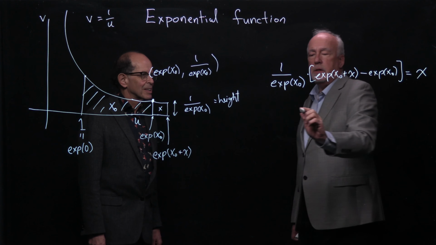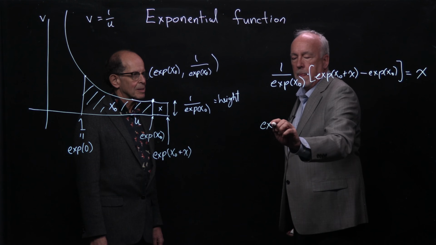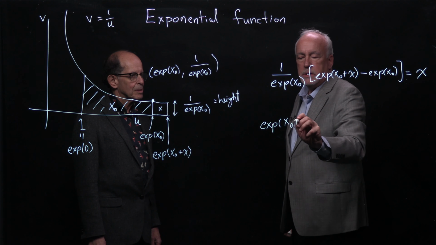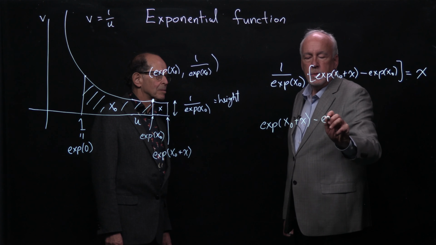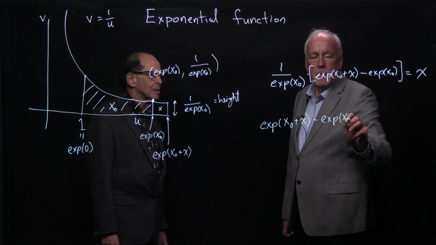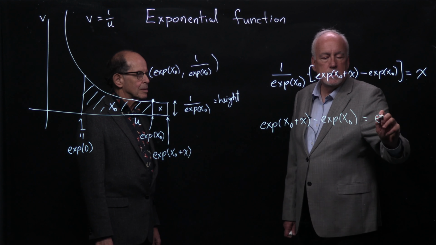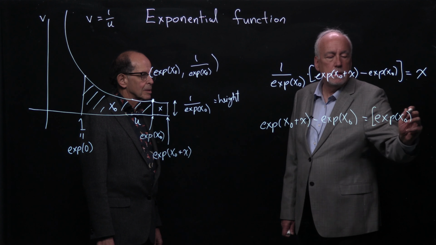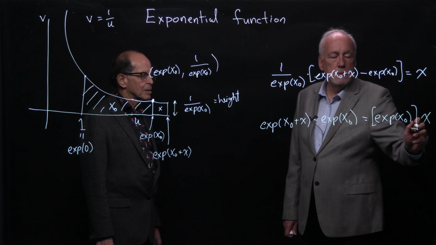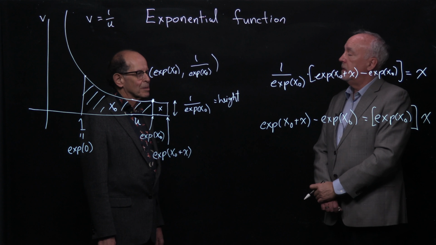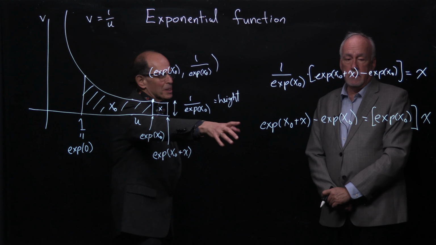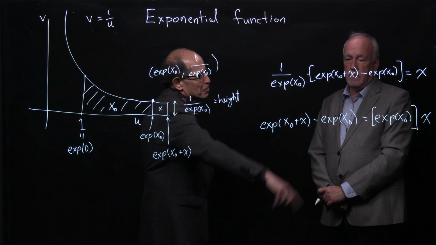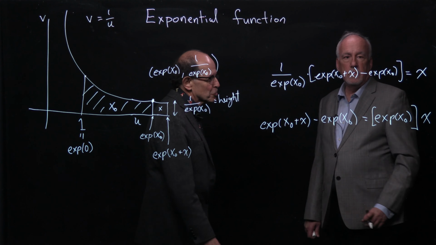So if I multiply this out the other way, I'm going to move this to the other side. So the exponential of x0 plus x minus the exponential of x0 equals the exponential of x0, in brackets, times x. Does that look familiar? Yeah, it certainly does. This is like the function f of x0 plus x minus f of x0, which is a linear approximation in x.